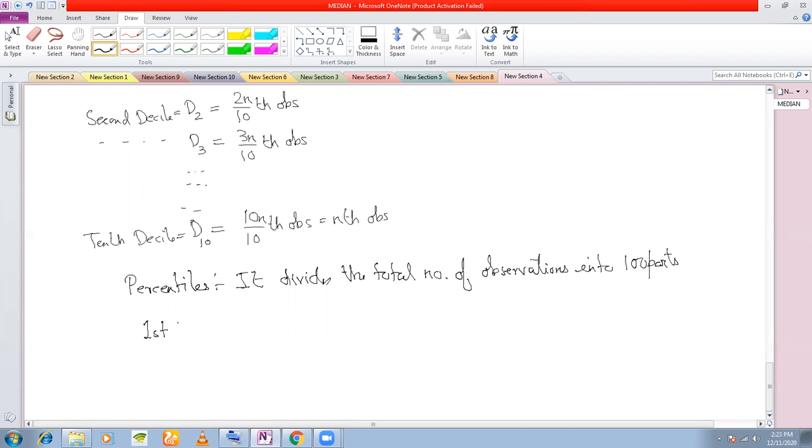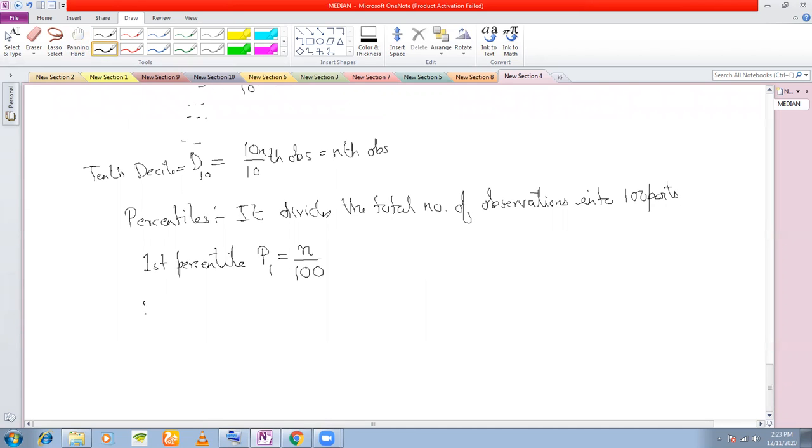Although we normally don't calculate the first percentile, for definition's sake, we denote it as P1. The second percentile, P2, is 2n by 100. And so on we continue.